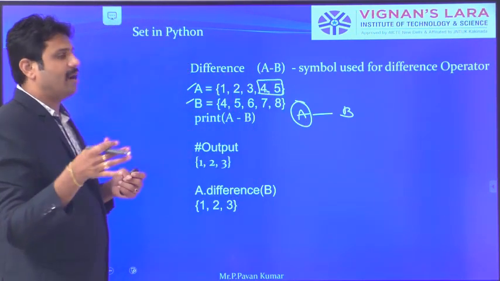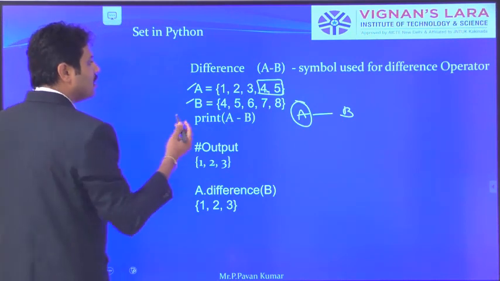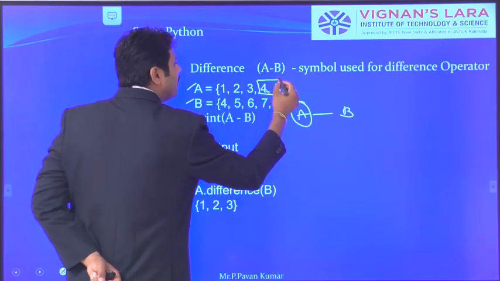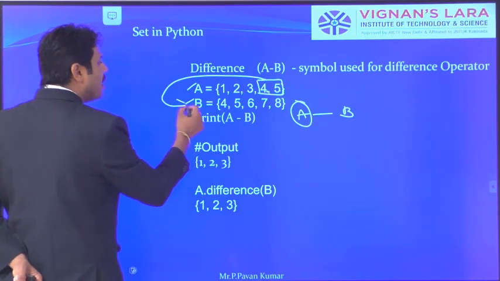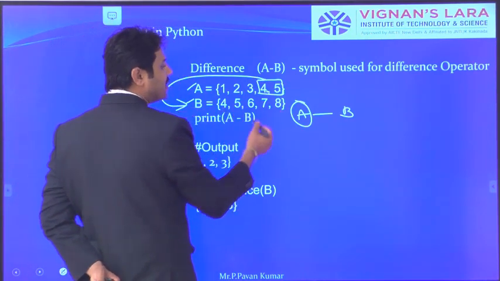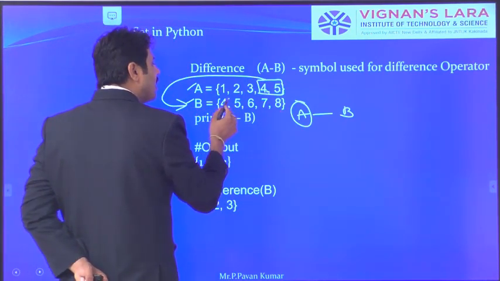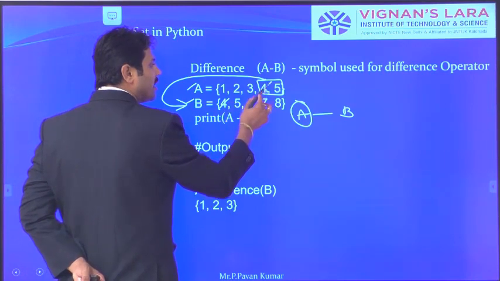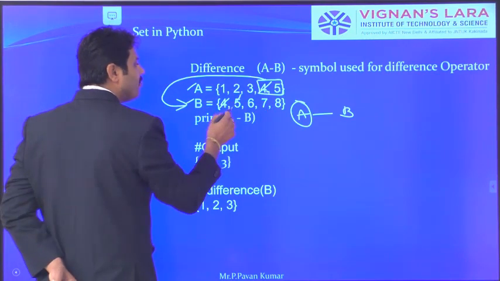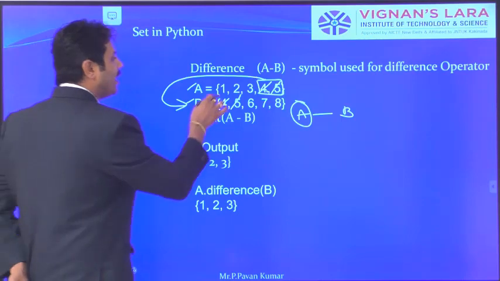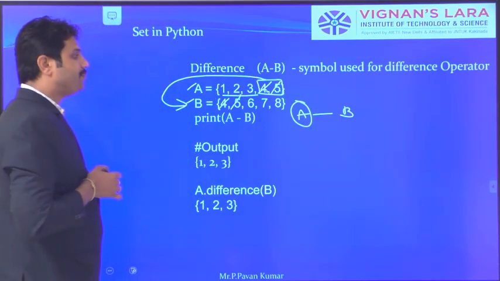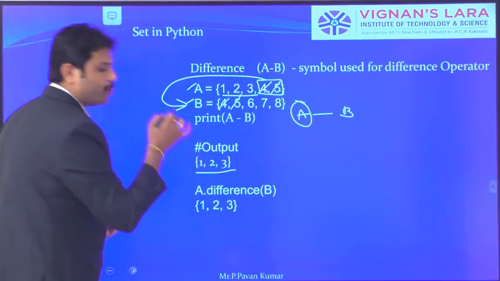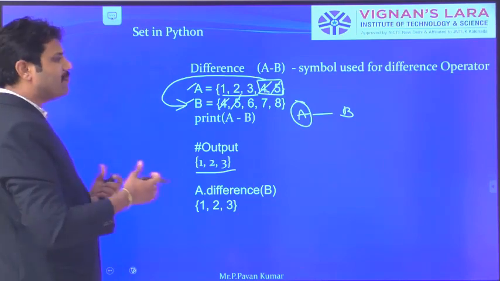It removes the elements which are in B. So let us check what B is. B contains 4, 5, 6, 7, 8. Here B contains 4, that's why it removes 4. It removes 5. Finally it contains 1, 2, 3. This is your output. It is nothing but the difference.